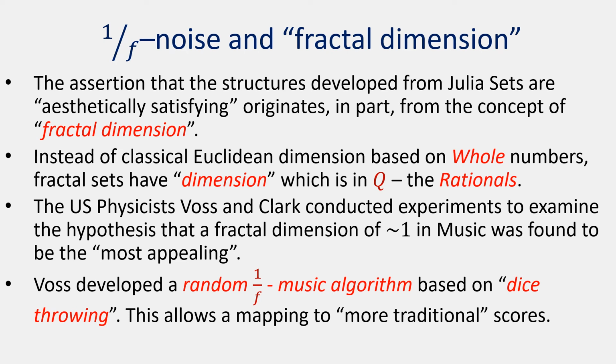In order to do this, one of the things Voss developed was a random, what is called 1 over f music algorithm, which uses a dice throwing technique. And what this does is allow us to map numerical outputs onto traditional scores.